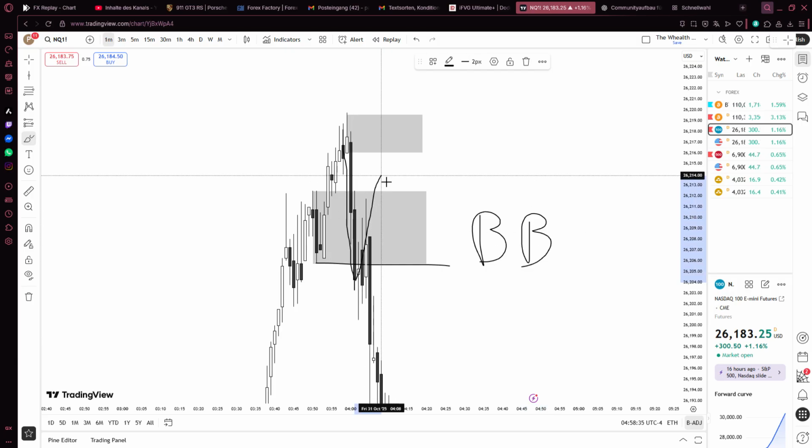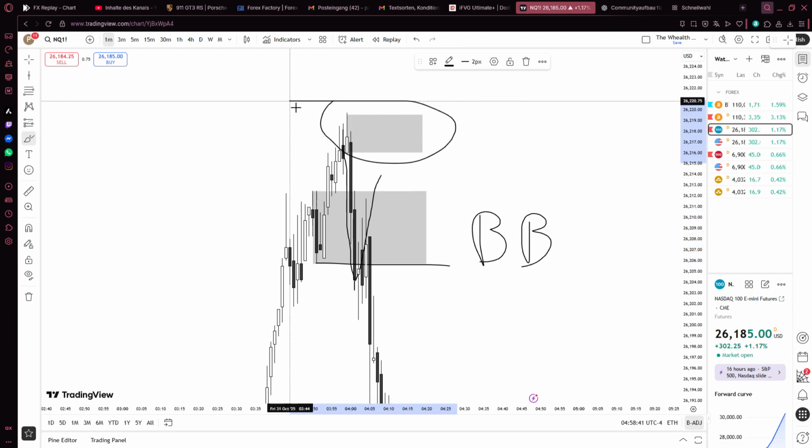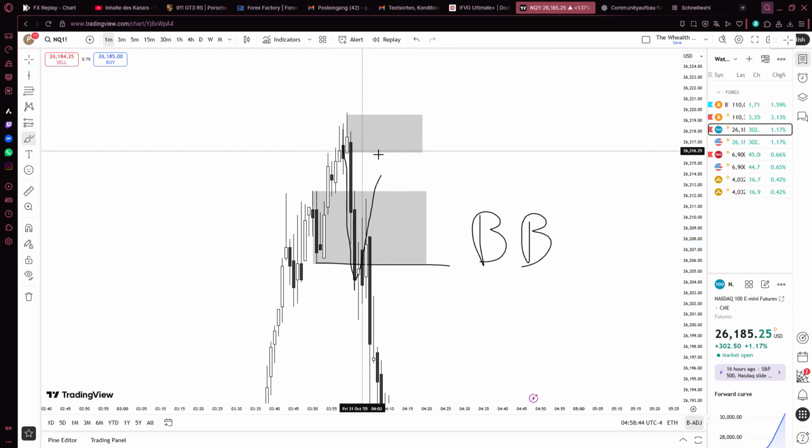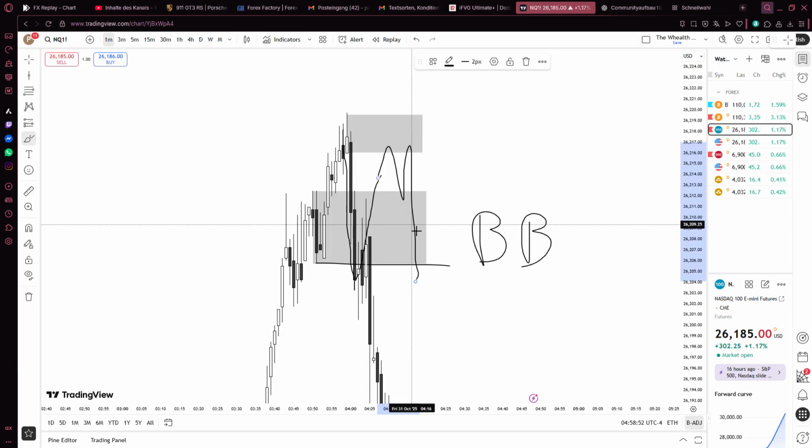Then we come back up, we don't care about the breaker block. This is no good sign, but we have an order block which is a hurdle in price, like a stop, like these bumpers. Every time you could get a reaction off of here.